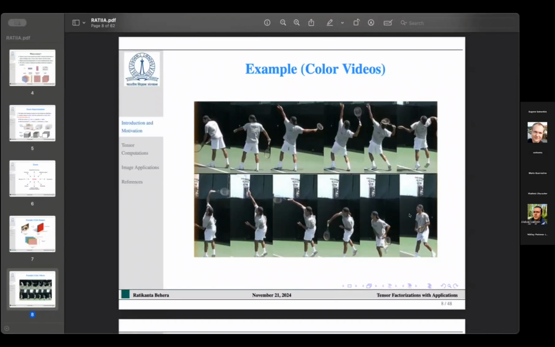A collection of 100 frames, we can make it a tensor. So these frames, let's say 10 frames, we can make it a fourth order tensor, a video.